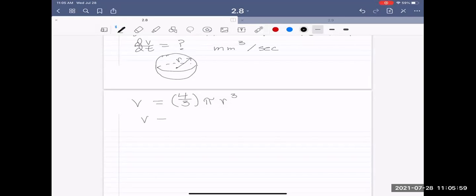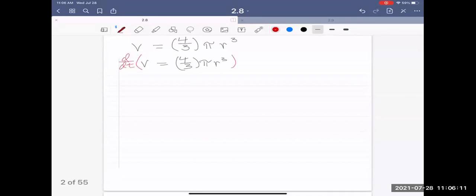And so V equals 4/3 pi r cubed. And so let's take the derivative of both sides of this equation with respect to t. And so I have dV/dt is equal to, well, bring down the 3. So the 3's cancel here.